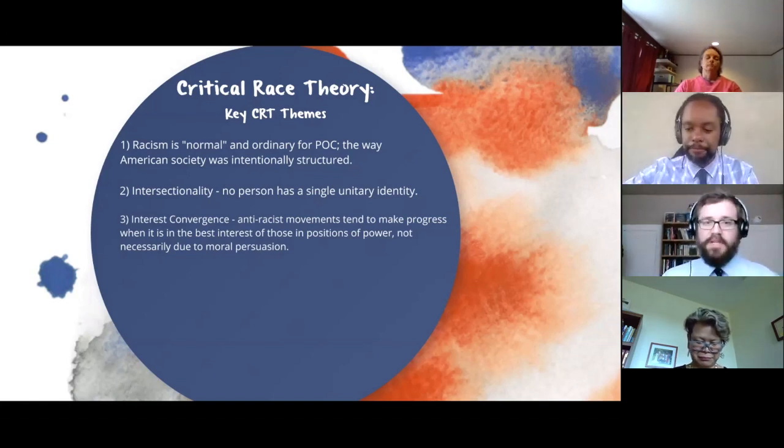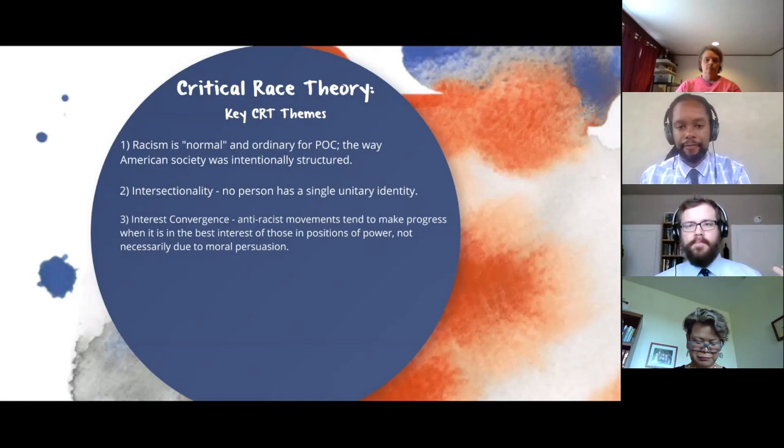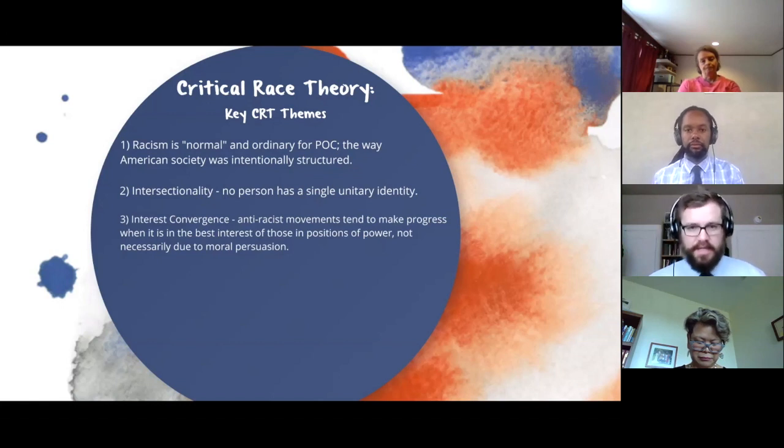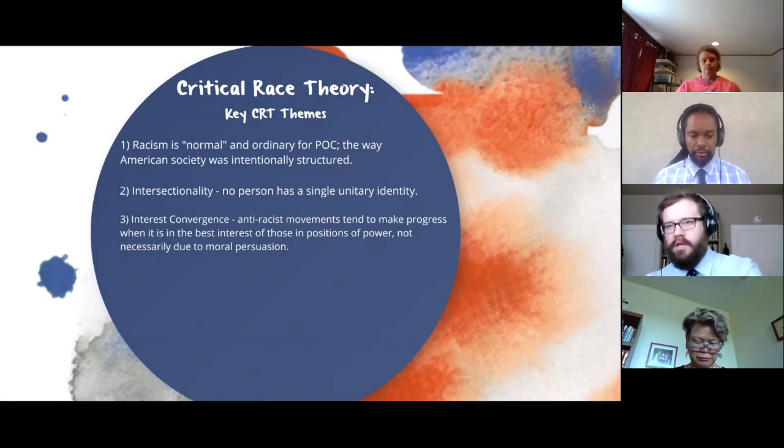And then intersectionality, which was coined by Kimberlé Crenshaw, who is a legal theorist. This came out of her experience as a Black woman moving within the Black community, working for racial justice, and then within mostly white feminist circles working to end sexism for gender equity.